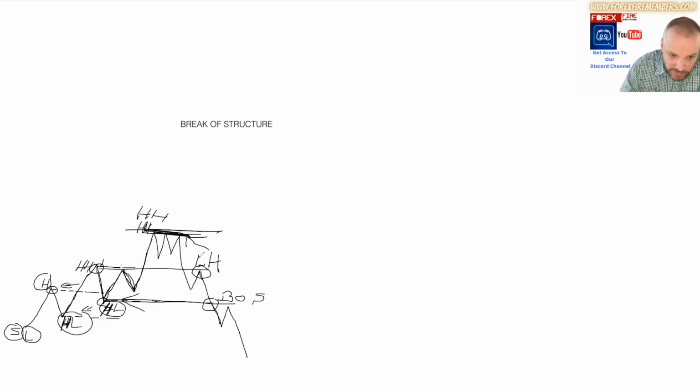And then as we come down, we've got what you would call a lower low, okay? And then again, the retracement back up, a lower high, and then you've got the continuation of the price down, okay? So this is an up cycle.